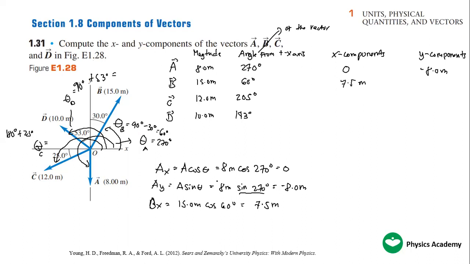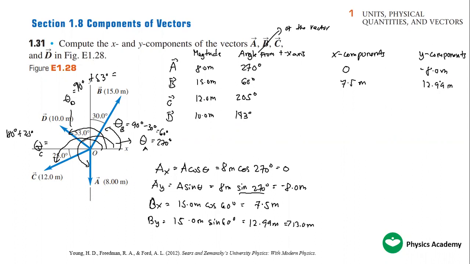For By, we have 15 meters sine of 60 degrees. Our By is also positive. 15 sine of 60 is 12.99 meters, or 13.0 meters.